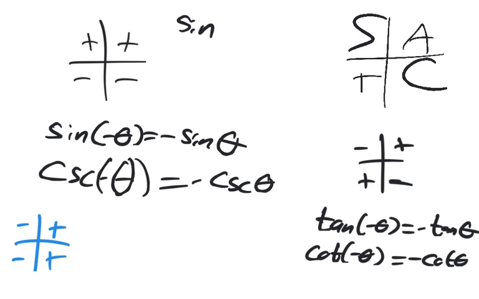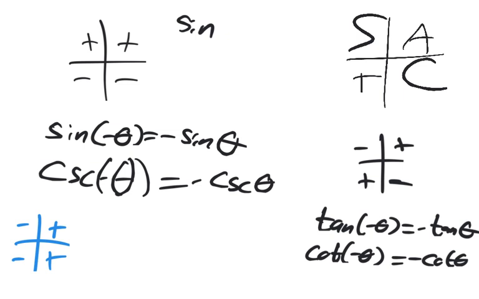So it has the same sign whether I rotate into the first or, in the negative direction, the fourth. Continuing, what happens if I originally rotated to the second? Cosine is negative in the second. If I rotated the same angle in the opposite direction, it's still negative. So the signs match no matter which way I go.